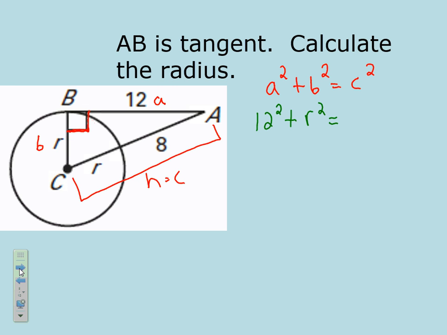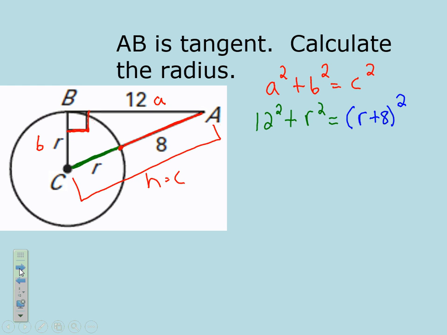Now, from here to here is my radius, and from here to here is 8. In order to know what my c or my hypotenuse is, I have to add those together. So here I'm going to put parentheses (r plus 8) squared.